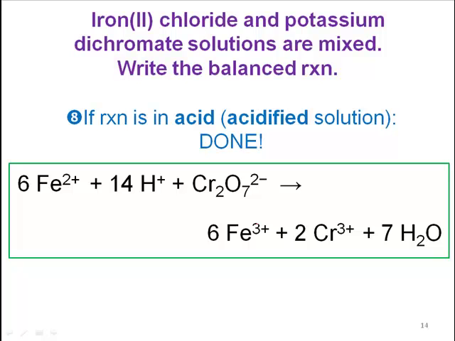You will be told whether it's in an acid or in a base, or you will be told more information that will tell you it's an acid or a base solution. It'll either tell you or you'll have to know based on other information.